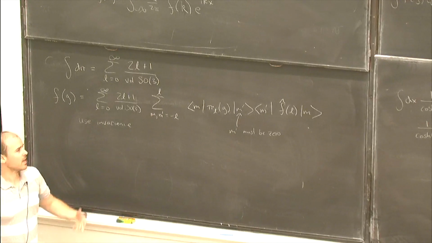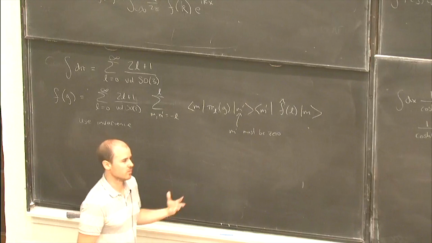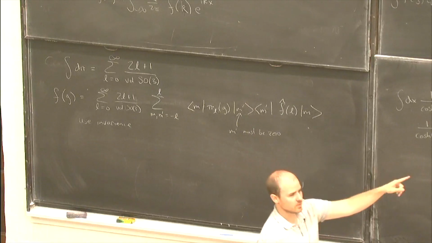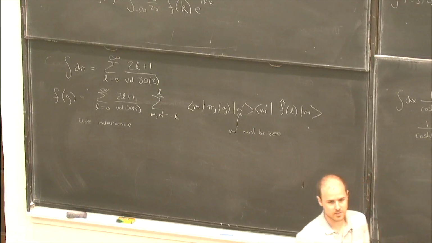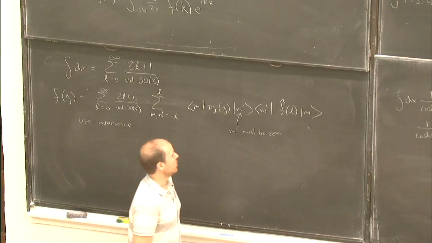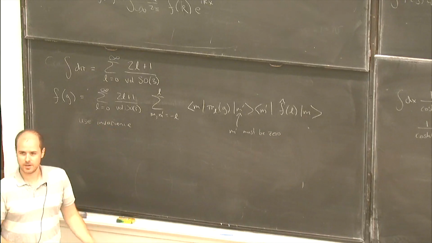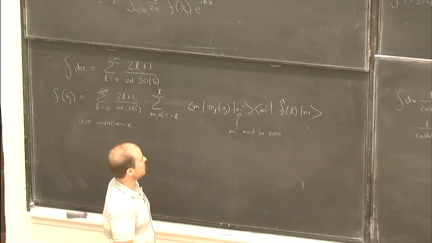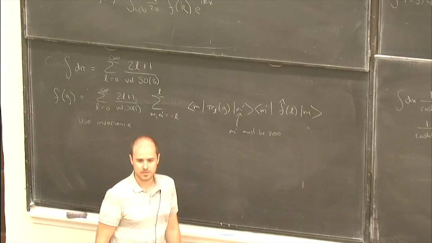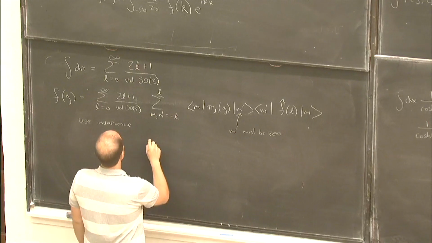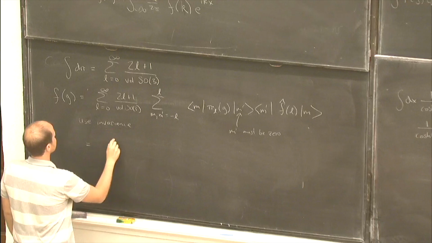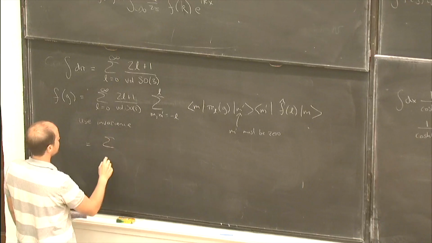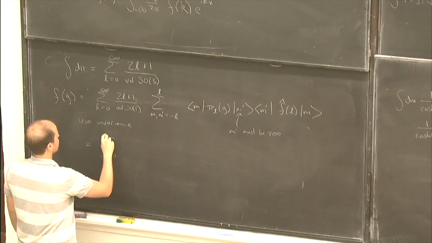So we're going to take these m's to be the basis elements with respect to the SO(2), the interesting SO(2), the one that fixes this unit vector. Only the m equals 0 state is invariant under SO(2), and so only matrix elements of that form can appear in this expansion. So this double sum over m turns into a single sum. And it looks like this.